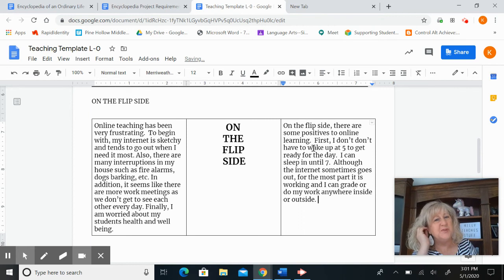When the weather's nice, boys and girls, I love sitting on the porch and the dogs are hanging out with me, and then I can grade papers or I can work on the lessons for the week.